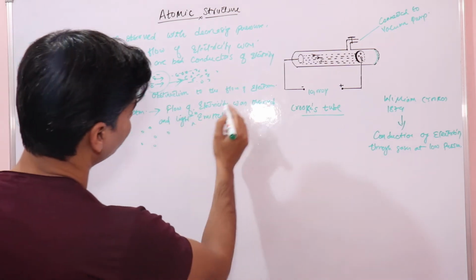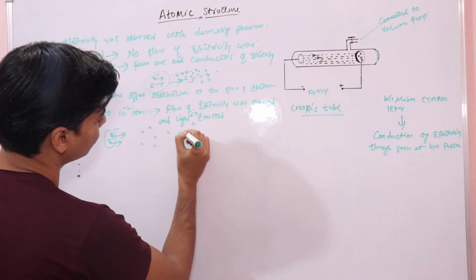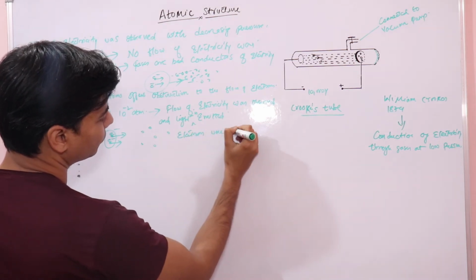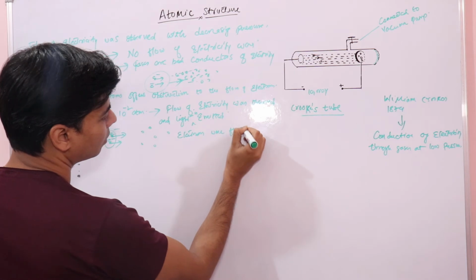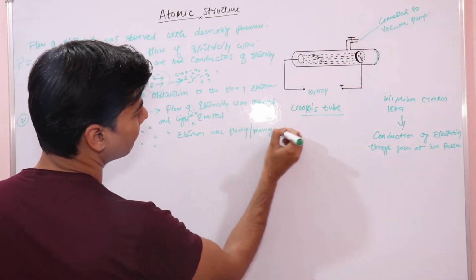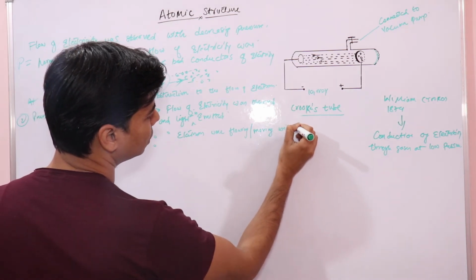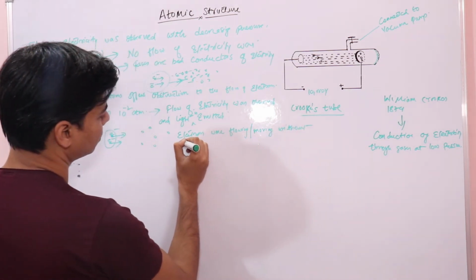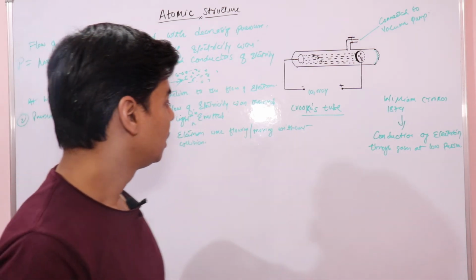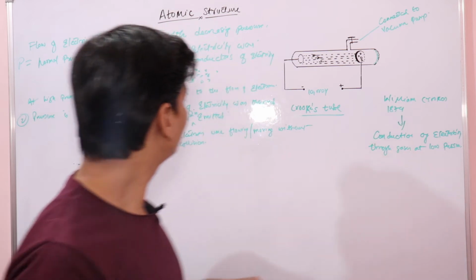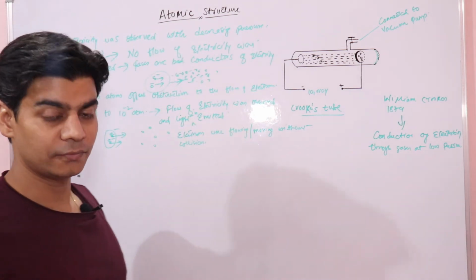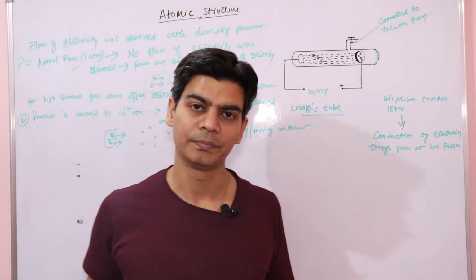So flow of electricity was noticed because electrons were moving without collision with gaseous atoms. Now what could be the reason for this light emitted? From where is this light getting emitted?